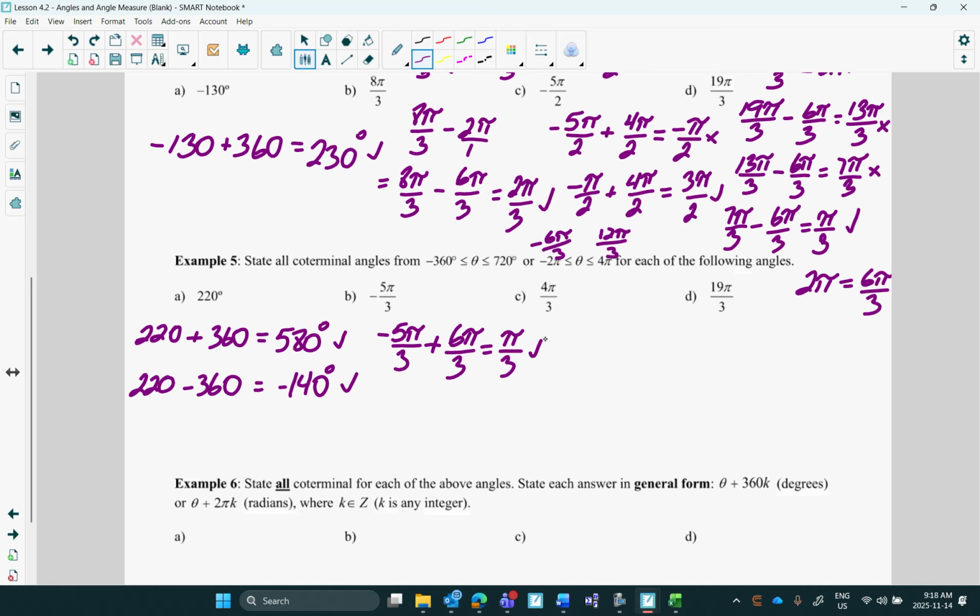Yes. Looks like I could add again, and I'd still be within this interval. So pi over 3 plus 6 pi over 3 is 7 pi over 3. Is that still in? Yep. But if I added another 6 pi over 3, I get 13 pi over 3, which is outside. So those are the only two.